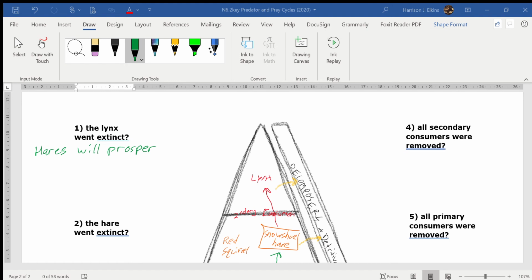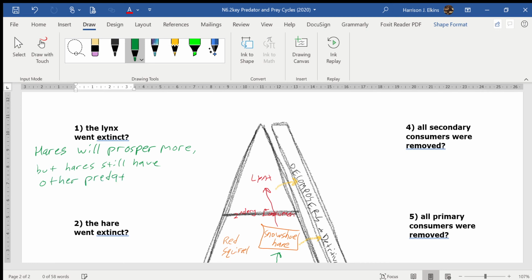So if we just removed the lynx, that might not make the hares totally prosper, but they would prosper more. The lynx is the primary predator, but hares still have other predators.